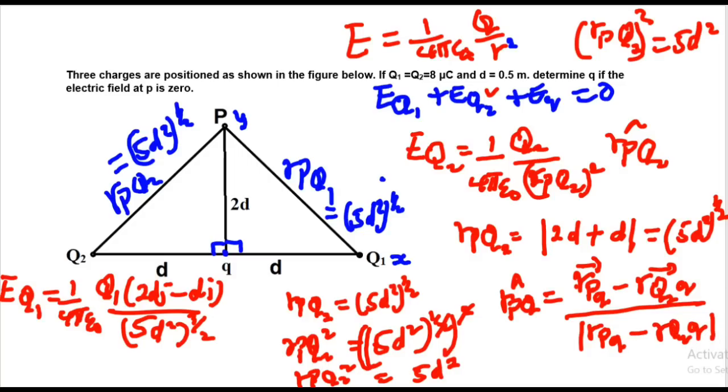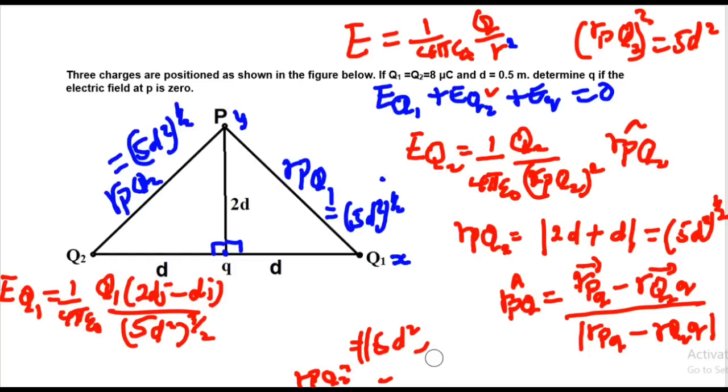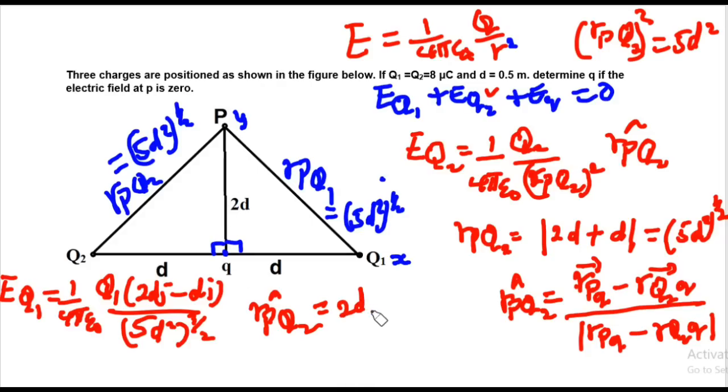So that will be the unit vector in this direction. To resolve this now, the unit vector in this direction is 2DJ minus, this is already minus because it is towards negative.